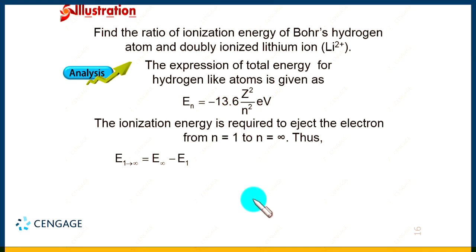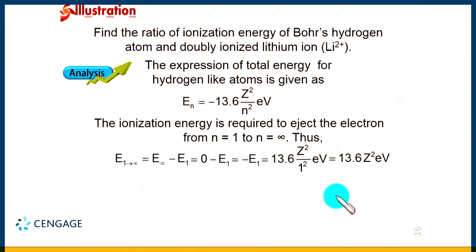So, let us write this equal to 0 minus E 1. Now, we can write this relation, that is minus 13.6 Z square divided by 1 square. This one minus minus will be positive. This is the energy required. We can write now this is equal to 13.6 Z square electron volt.